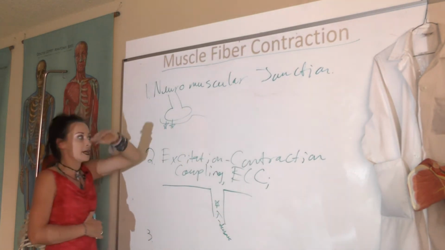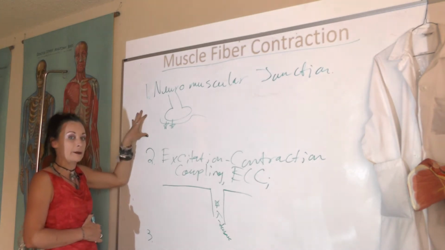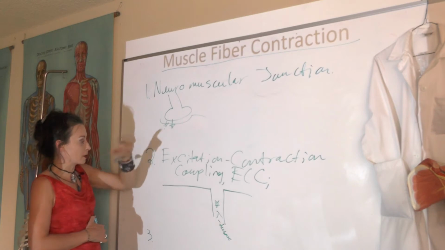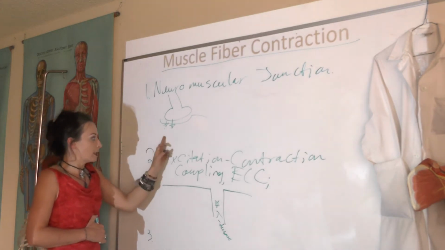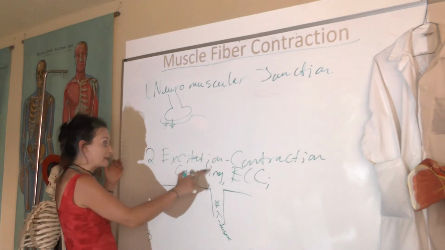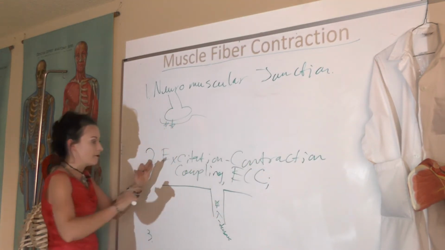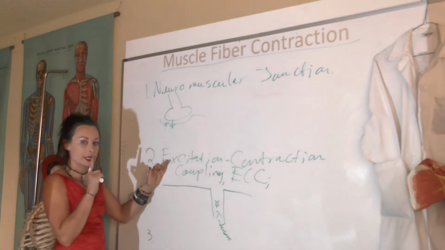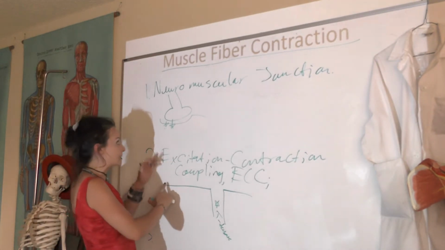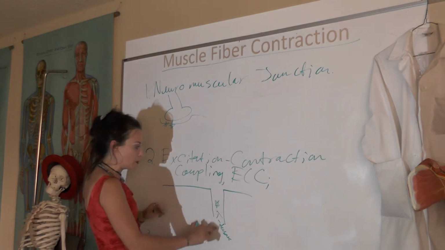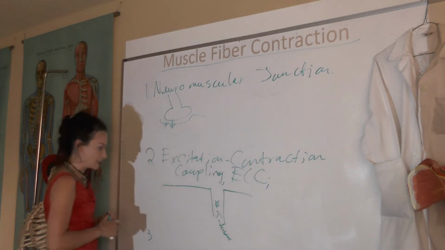And what we have there is excitation of a muscle fiber at this spot called the motor end plate on the muscle fiber that we're going to talk about in a minute. So we will excite there. What we're trying to do is contract a muscle. So the events in excitation-contraction coupling are the ways that we conduct this action potential that's generated here down the sarcolemma and T-tubules so that we can lead to contraction.